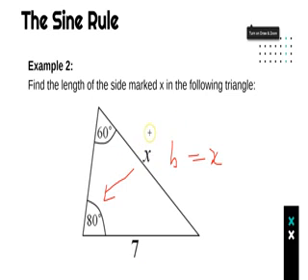So we can apply the sine rule to find the value of B. On the next slide, I will demonstrate how to find the value of x using the sine rule.